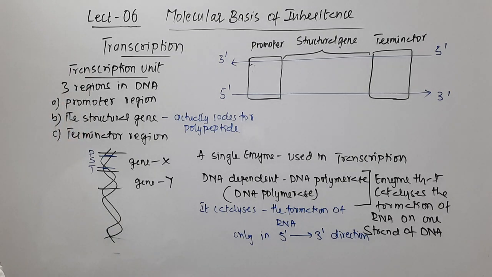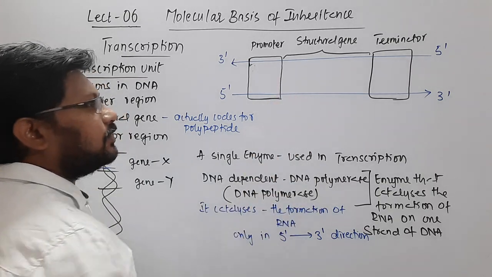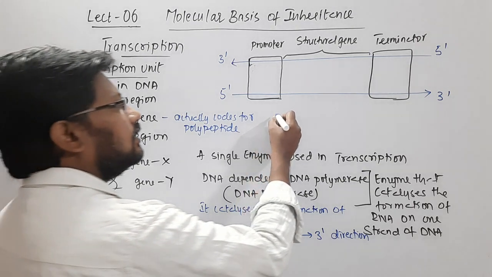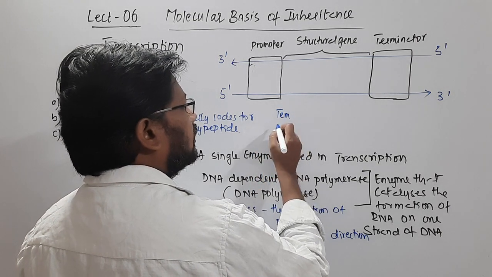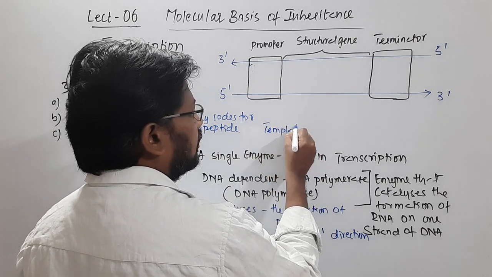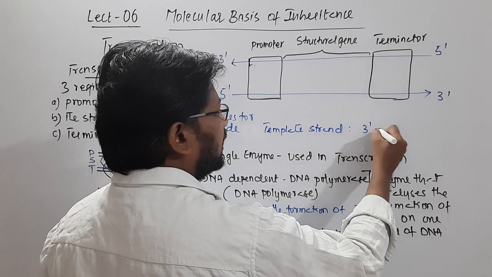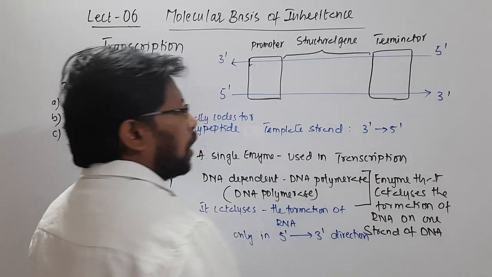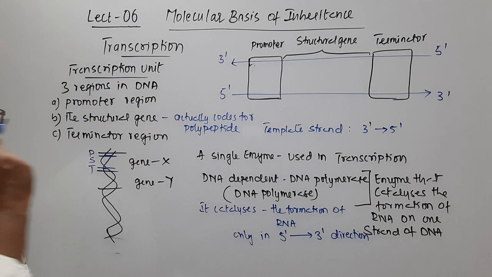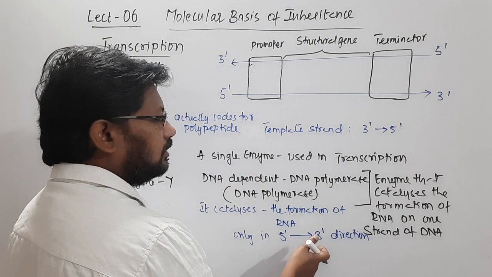Now, out of these two strands, the strand on which the RNA is formed is called the template strand. This template strand will have the polarity of 3' to 5', on which the RNA will be synthesized from 5' to 3'.